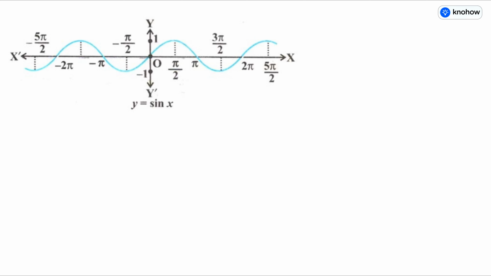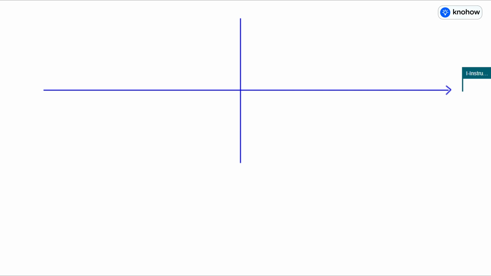of sine inverse x. So first of all, though you have already done it in your class 11, let us see the graph of sine theta. Do we know that normally the horizontal line is defined as the x-axis and the vertical line as the y-axis?